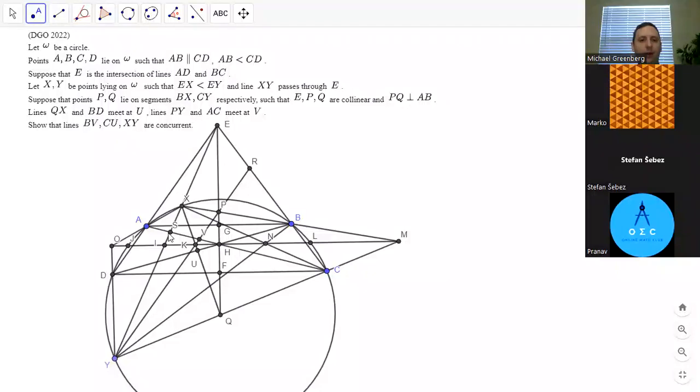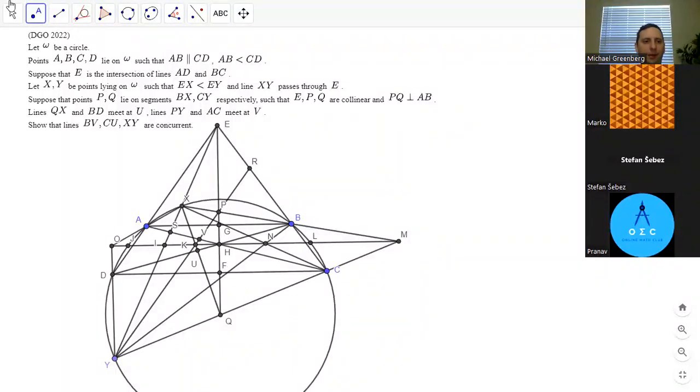Which is equivalent to showing IKHM is harmonic. And is that obvious? IKHM? I think that's obvious, yeah. Yeah, that's true. IKHM is harmonic, so that solves the problem.